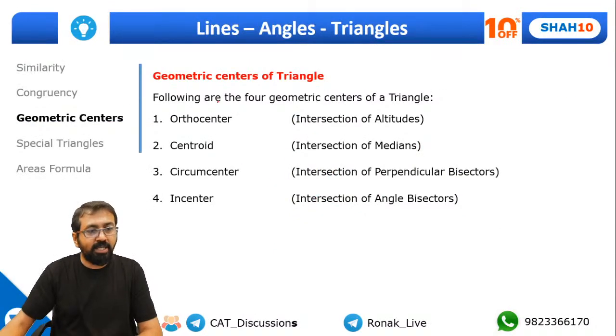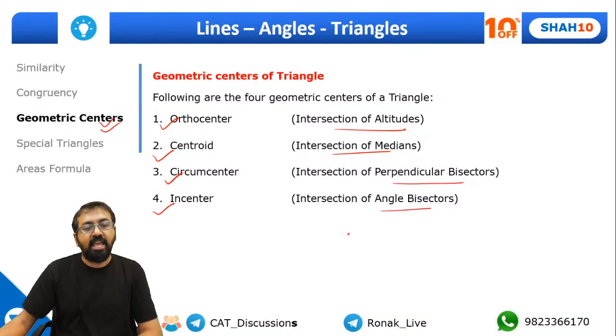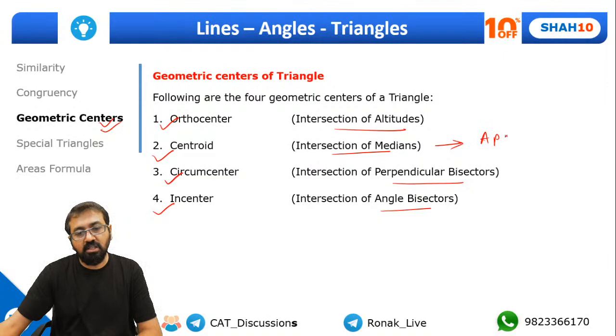Achha, before that, quickly, the geometric centers of a triangle: orthocenter, intersection of altitudes; centroid, intersection of medians; circumcenter, perpendicular bisectors; and incenter, angle bisectors. Remember this thing. Some theorems: whenever we talk about medians, there is the Apollonius theorem.